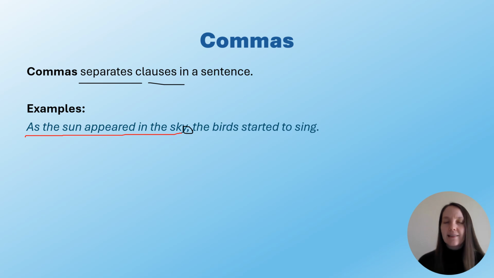It doesn't fully make sense on its own, so it needs to be elaborated on and be attached to an independent clause. So the next one is an independent clause. So we've got here, the birds started to sing. So this clause makes sense on its own. That's why it's independent. Okay, but because we've got these two clauses, we have to put the comma in between them.